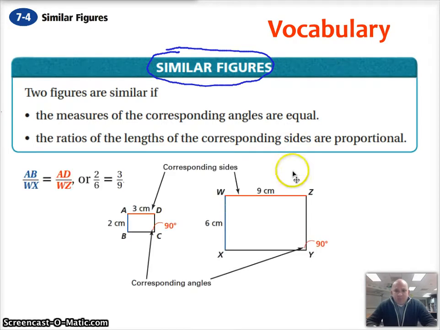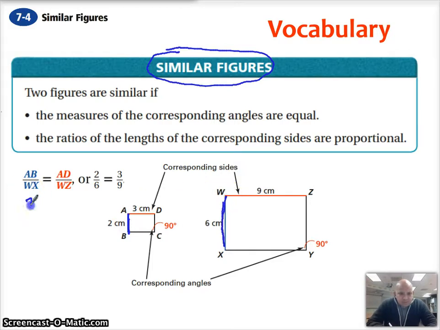Here we have the same illustration as before. Here the corresponding angles are equal, 90 degrees and 90 degrees. And here we've got the corresponding sides that we are going to take a look at to see if they are proportional. Let me go ahead and look at AB and WX.